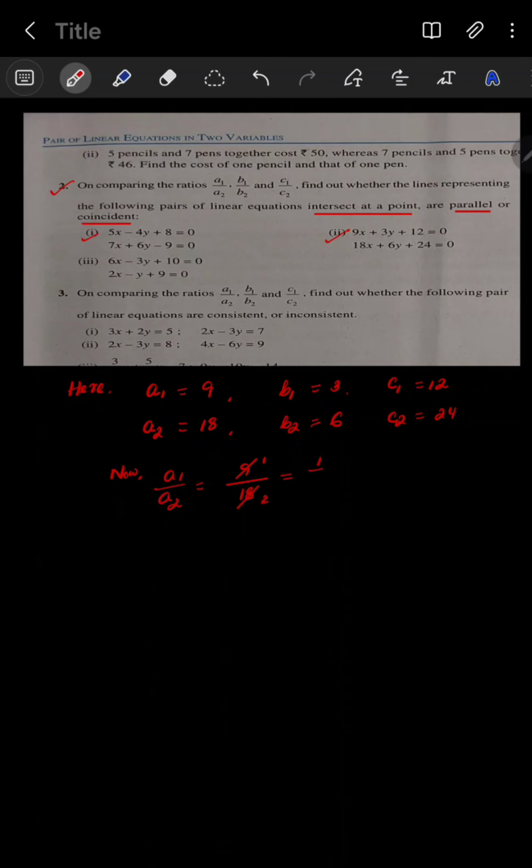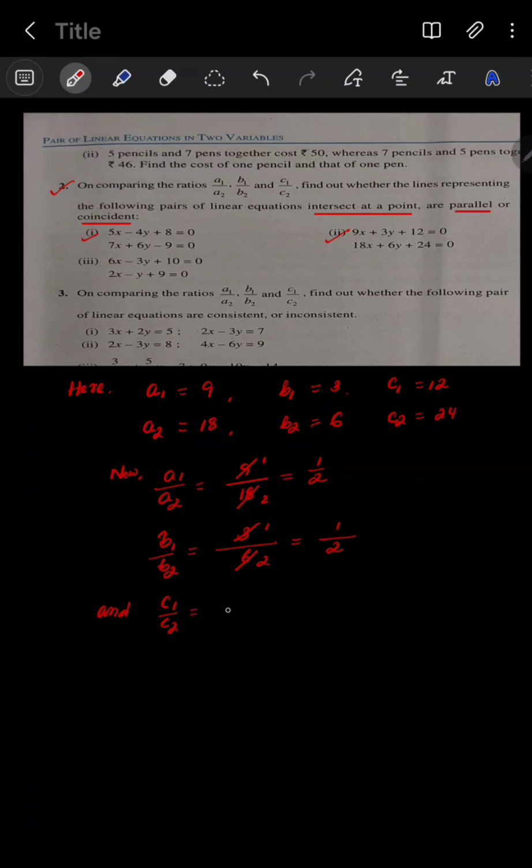That means 1 by 2. Similarly, we will find b1 by b2. The b1 value is 3 and the b2 value is 6. Again both are divisible by 3. If you divide by 3, it goes one time and 2 times, and we again get 1 by 2. And the last ratio is c1 by c2.